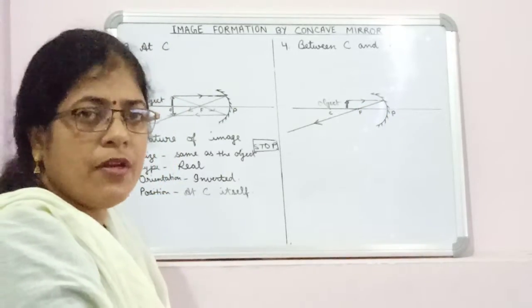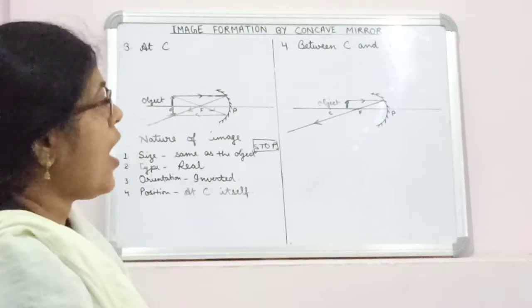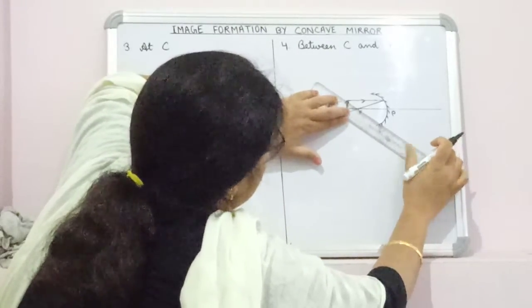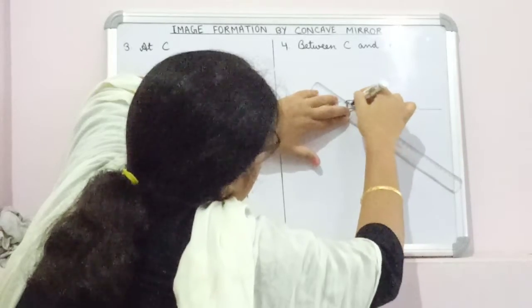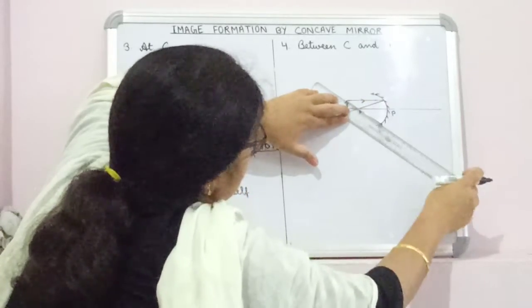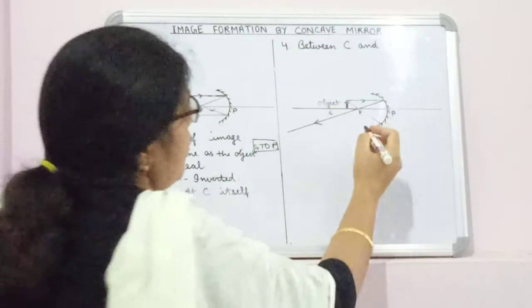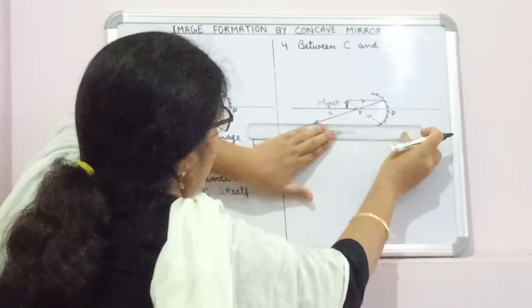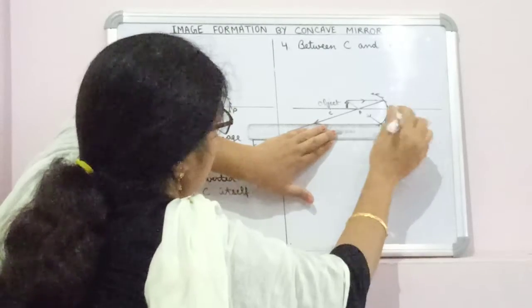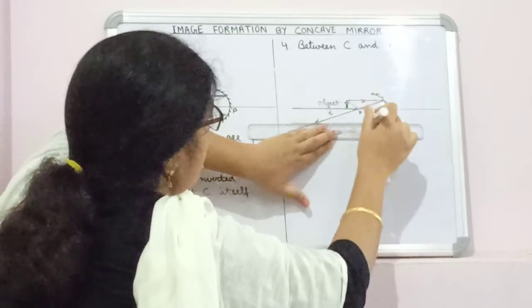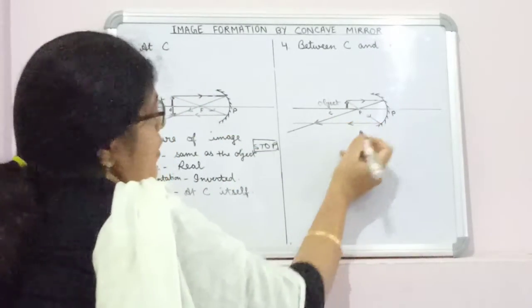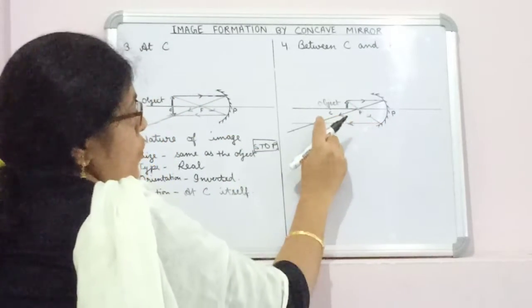Now the second one: we take the ray of light which is passing through the focus and falling on the mirror surface. After reflection, it becomes parallel to the principal axis, like this. This is the second one, and this was the first one.